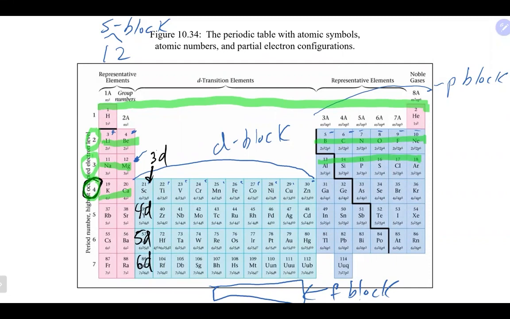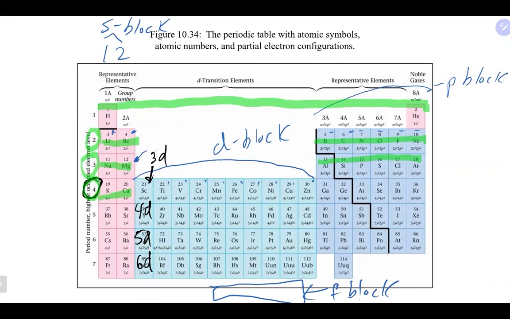Also, the Ds are 1 behind the period number. Our lanthanides and actinide series here should technically go up there at period 6, but this is F. So the Fs are actually 2 behind the period number. It gets a little crazy down in that region.